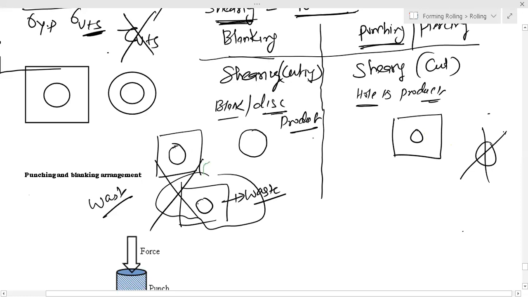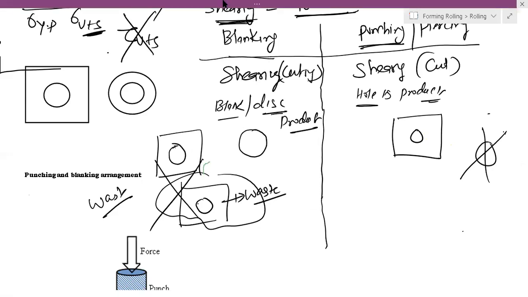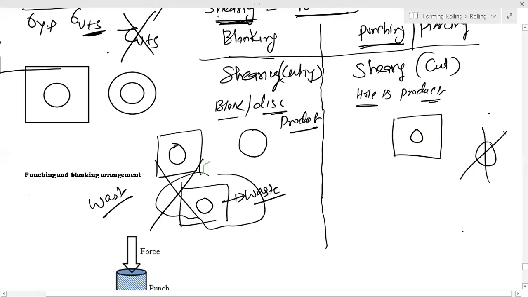So difference you understood? Now, what is the other difference? First difference, basic things you understood. Sometimes people confuse shearing and blanking and punching.